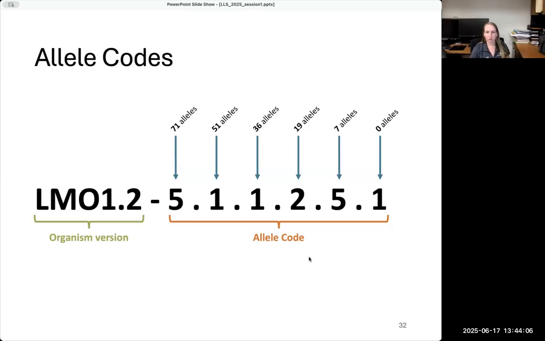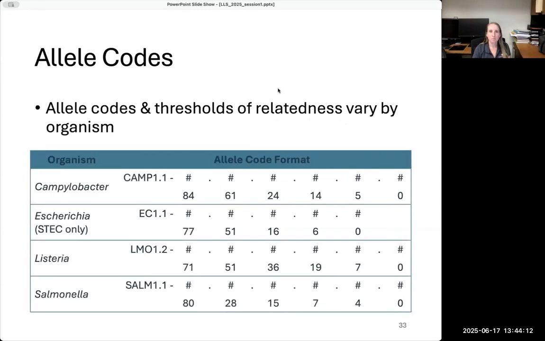And they're going to be different for the different organisms. So don't memorize those for everything. So here is how they're set up for the different ones. For Campylobacter, the first digit is going to mean 84 allele differences. STEC is going to mean 77 differences, Listeria 71, and Salmonella 80, right?